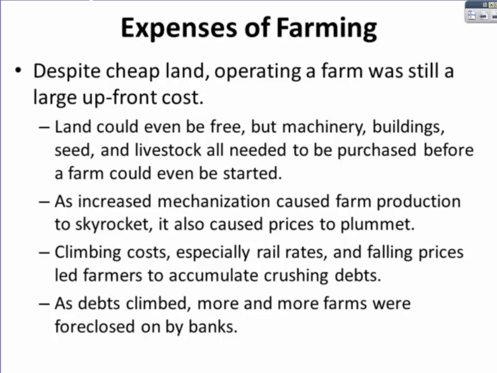Climbing costs, especially rail rates, and falling prices led farmers to accumulate crushing debts. And as debt climbed, more and more farms were being foreclosed on by banks. So this leads farmers particularly to be looking for some kind of change that could save them.